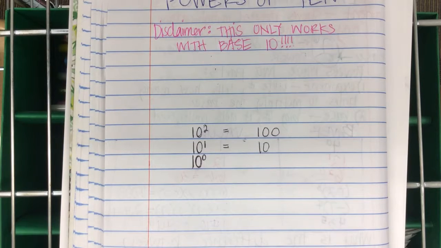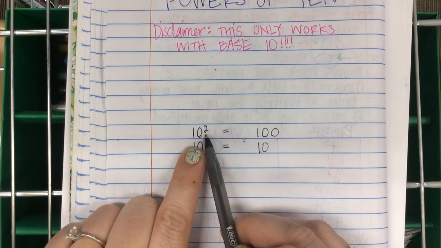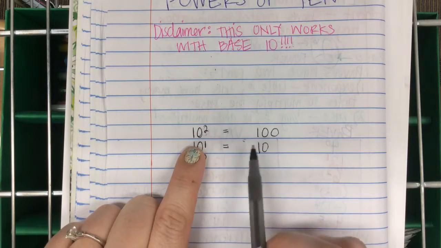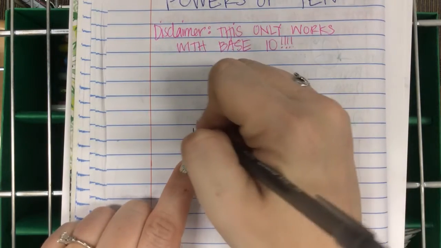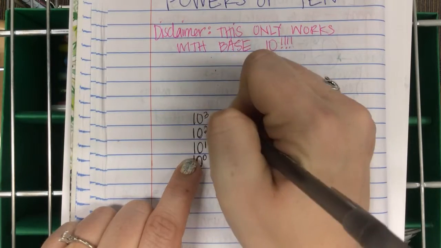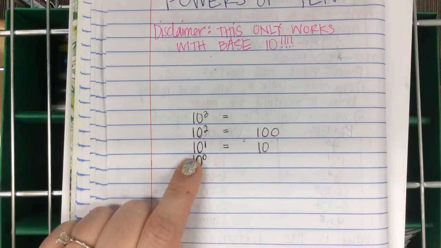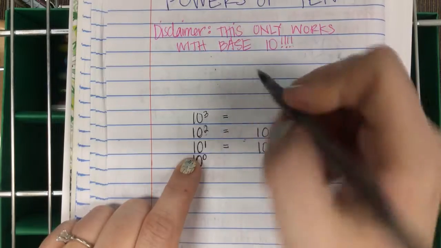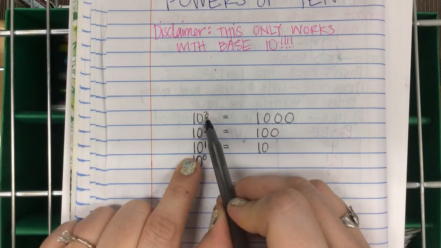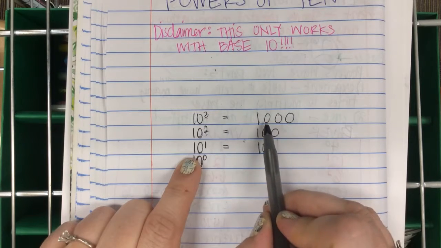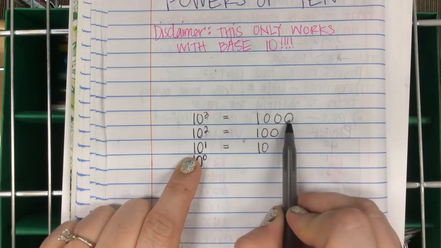You just add zeros. There's an exponent of 2, so I'm going to have 2 zeros. So 10 to the third power is what? 1,000, because my exponent is 3, meaning I'm going to have 3 zeros.